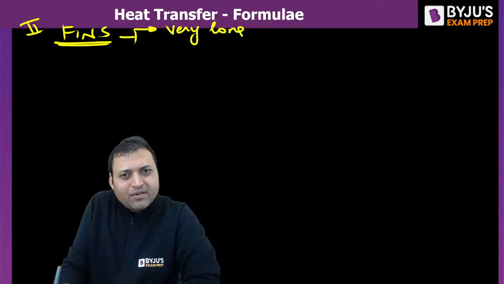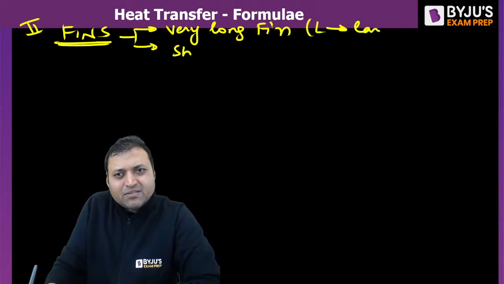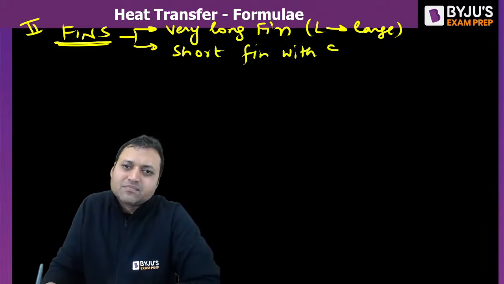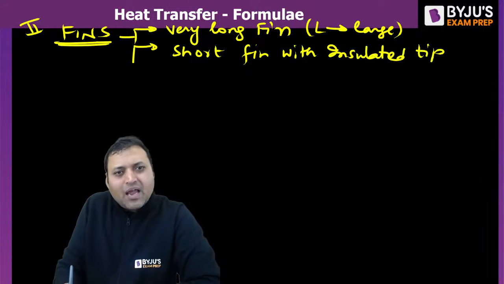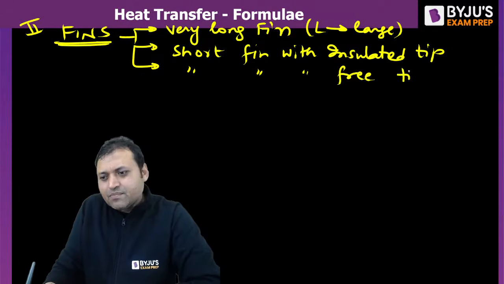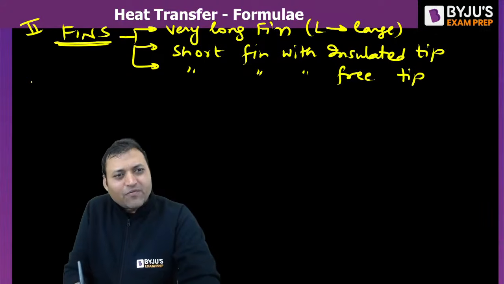Very long fin, when the length of the fin is very large. The second case is short fin with insulated tip. And the third case is short fin with free tip. So first of all, let us talk about very long fin.